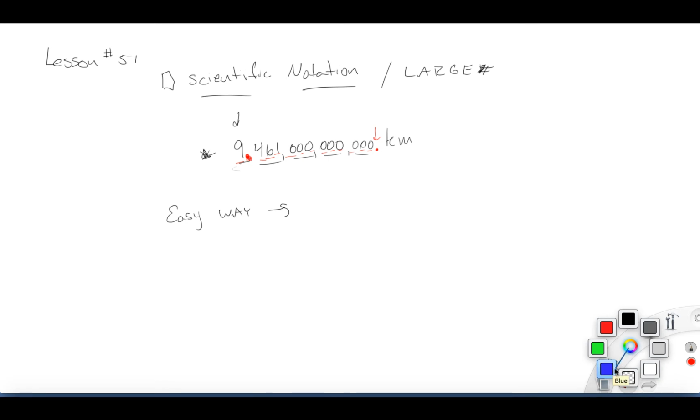So here's what the number looks like now. We're going to say 9.461 times 10, because of all these zeros, and we counted 12 places. 3, 6, 9, 12, decimal point. So the decimal point was moved 12 places from right to left.